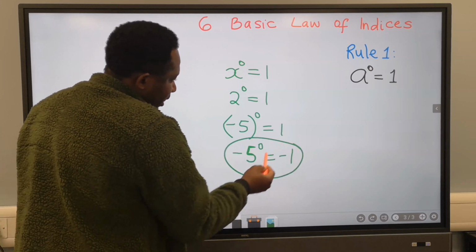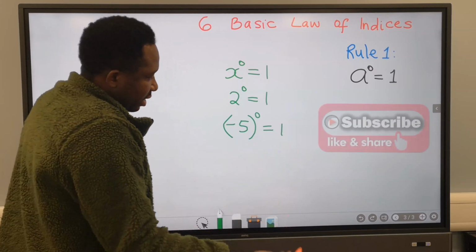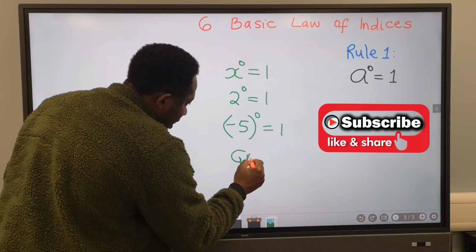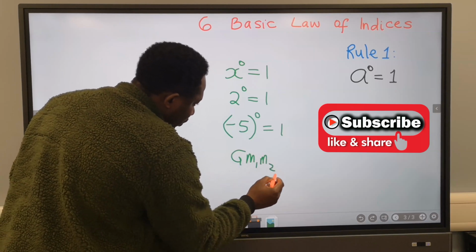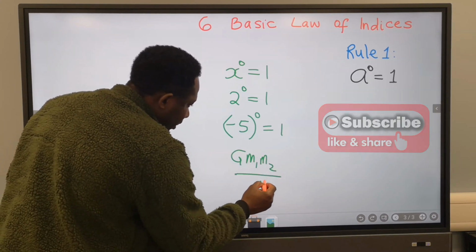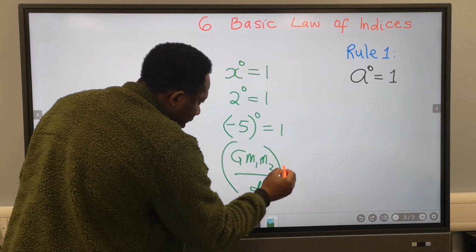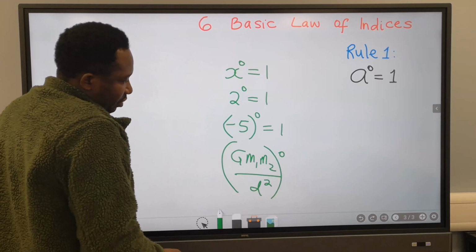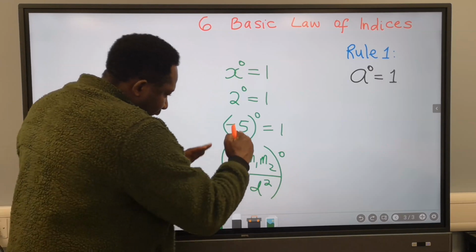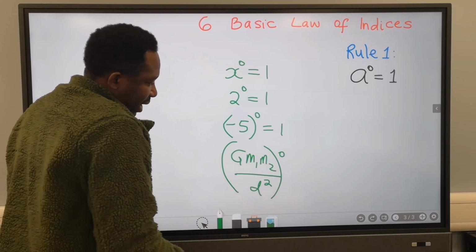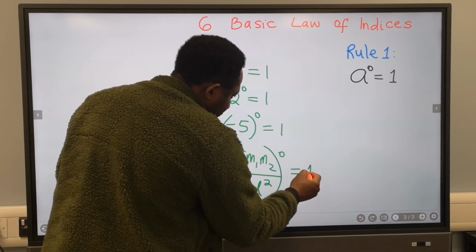This is a variation. If I have G m1 m subscript 2 over d to the power of 2, as long as all these are enclosed in a bracket with a power of zero, this is equal to 1.